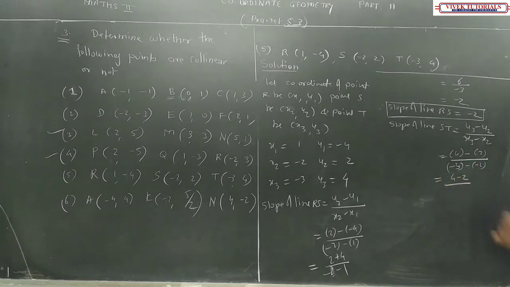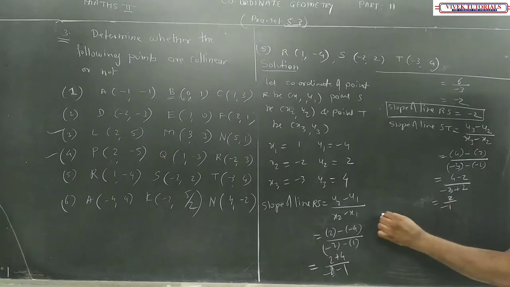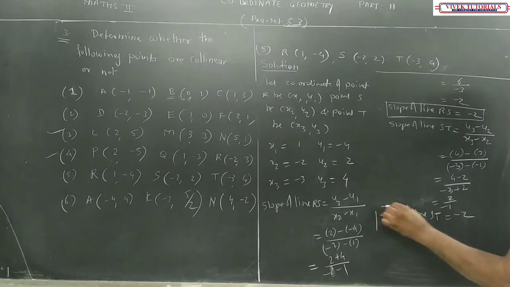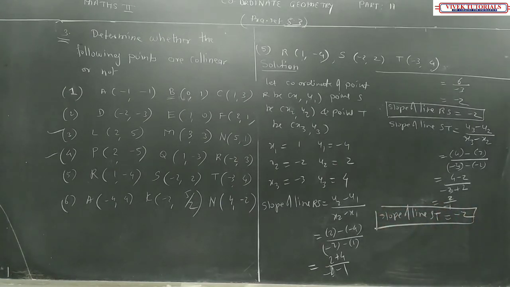So 4 minus 2 upon -3 plus 2. We are getting 2 upon -1. So the slope of line ST is equal to -2.